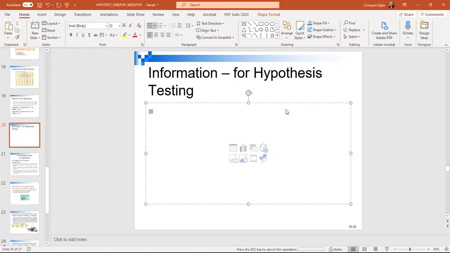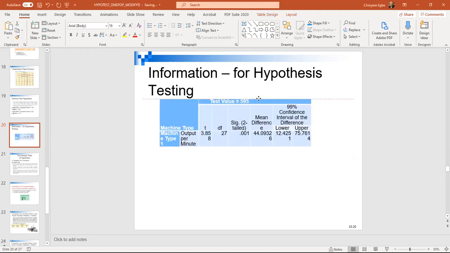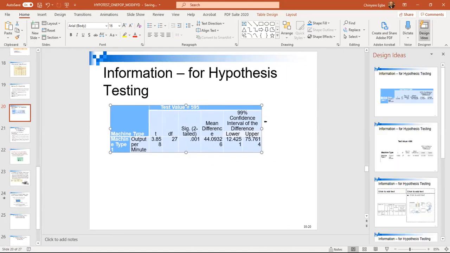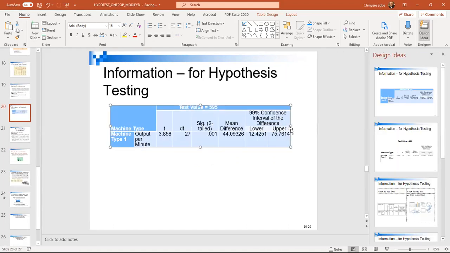The information we have for this problem is here. So the output level that we expect for this machine is 595 units.